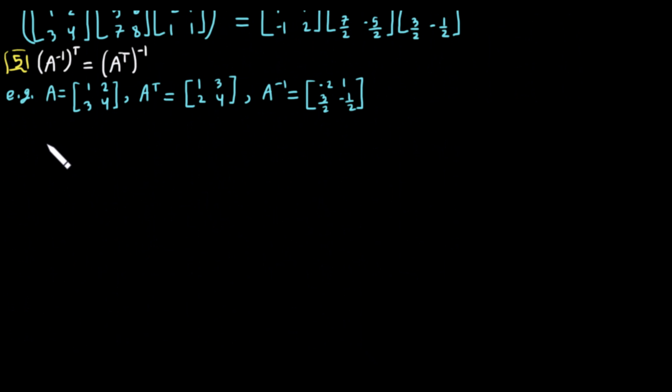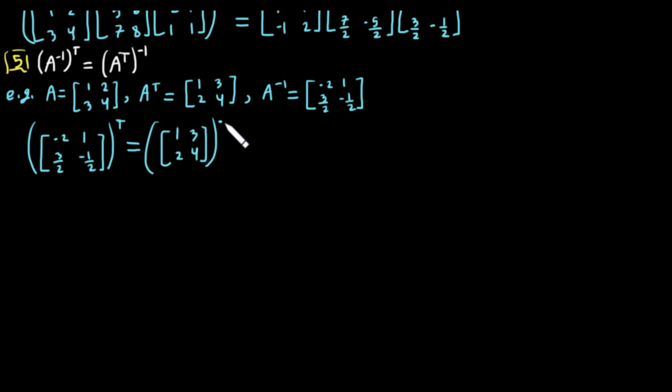So here, if you have, for example, this A inverse, negative 2, 1, 3/2, negative 1/2. If you take the whole thing transpose, it is the same as if you take the transpose of this A like here, and then you take the inverse.